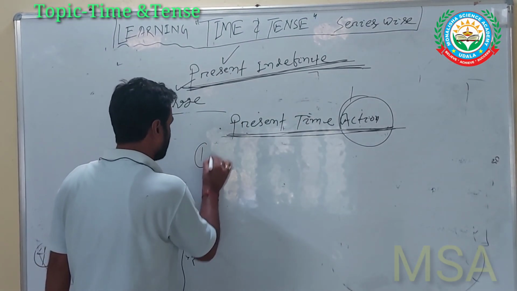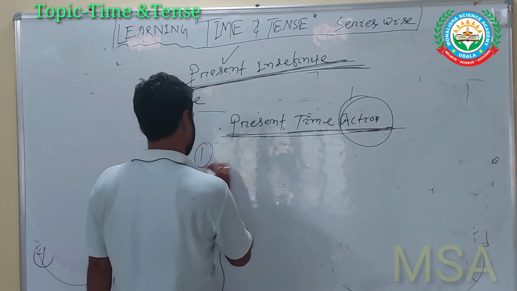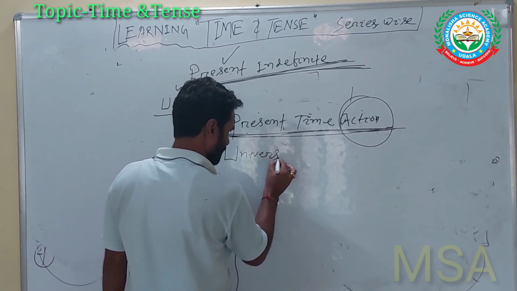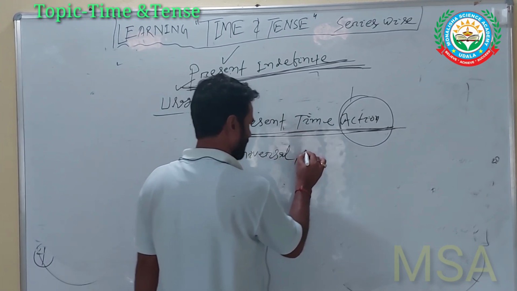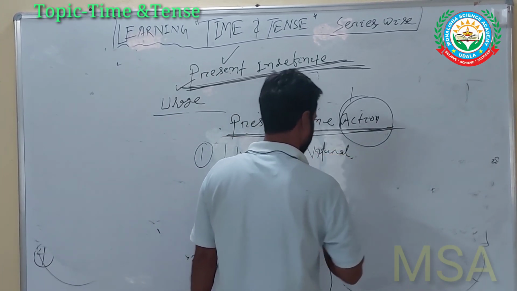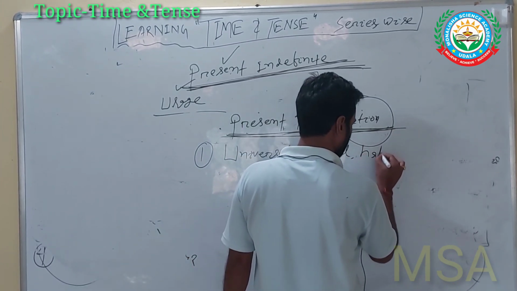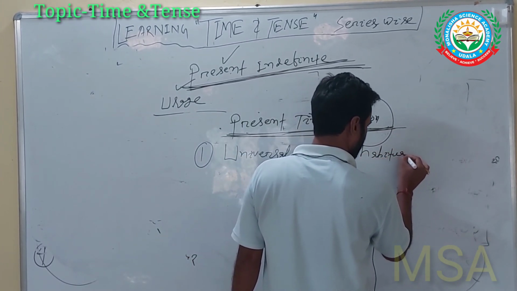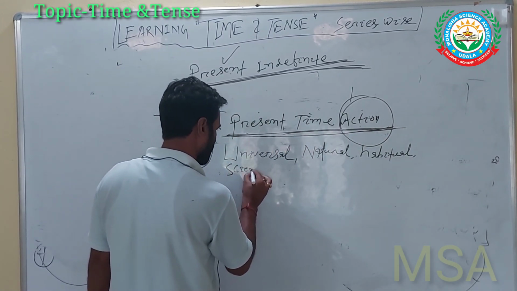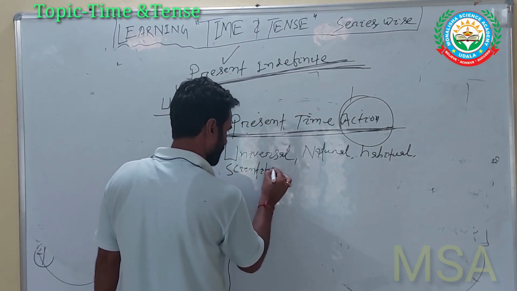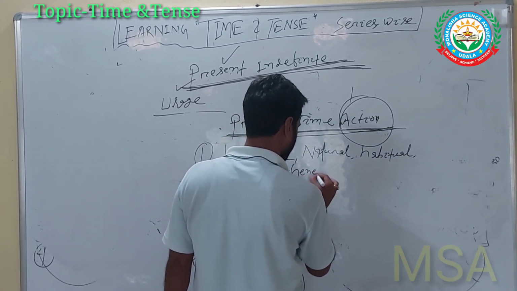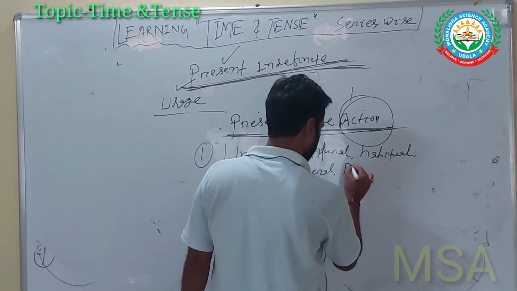The first one is universal, next is natural, third is habitual, fourth is scientific, and it is general. Next is permanent.